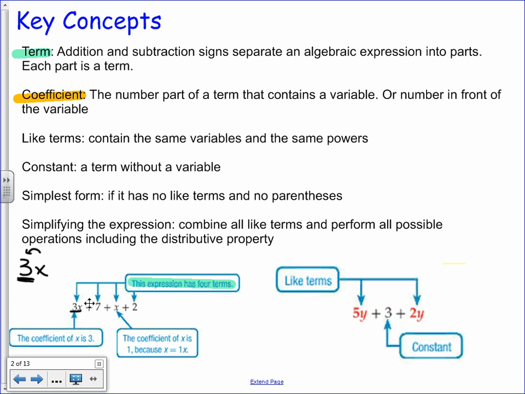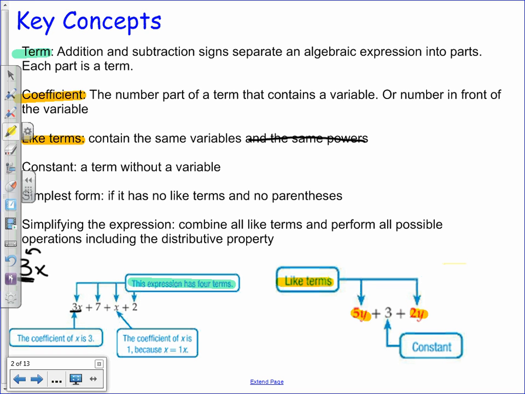Then we go on to like terms, and I've used that a lot in class lately. Like terms means it contains the same variables in the same powers. We're not really going to deal so much with powers right now, but just know that that's also true. So like terms over here in our little example, we have 5y and 2y.